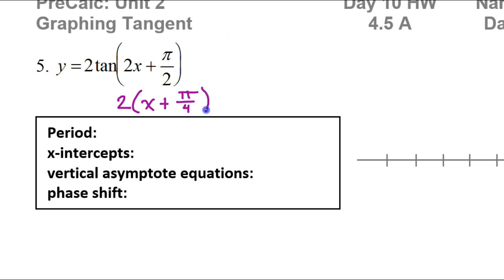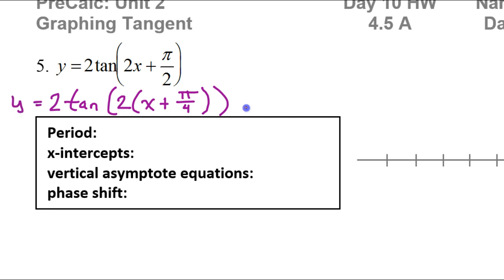Okay, so I pulled the 2 out, and then I have the rest of it. See how I have parentheses inside of parentheses? That's what you should always have when you have a b value and a phase shift. So then I have my tangent and my 2 and my y equals.